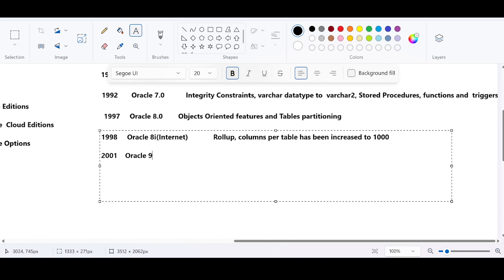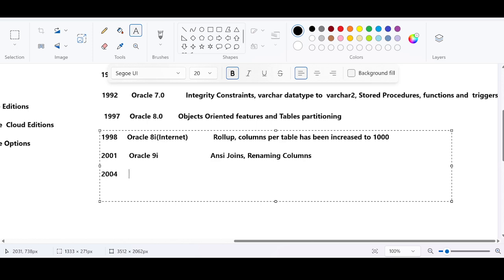They introduced concepts like join concepts, which you will understand when we learn about joins: ANSI joins, renaming columns, etc.